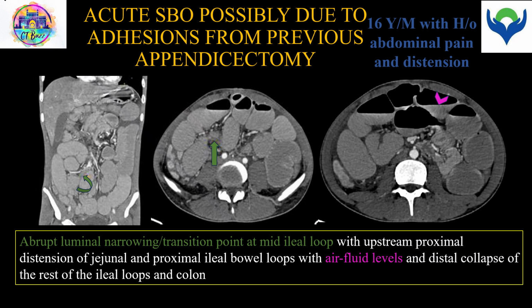Here we can see abrupt luminal narrowing or transition point at the mid-ileal loop, with upstream distension of jejunal and proximal ileal bowel loop with multiple air fluid levels here, and the distal collapse of the rest of the ileal bowel loops.